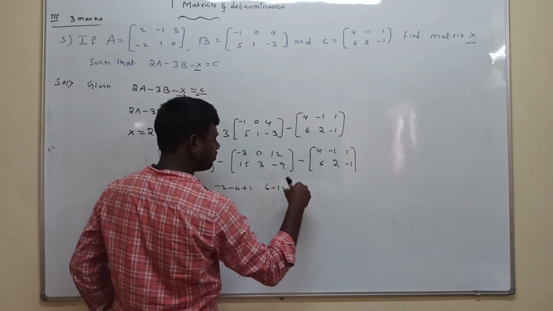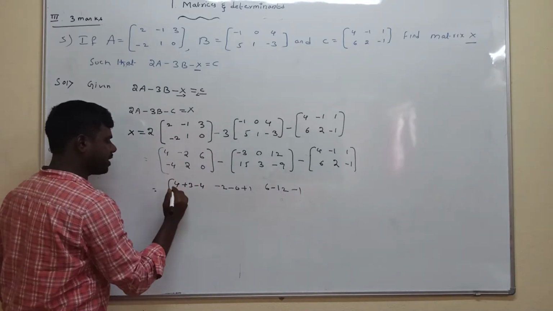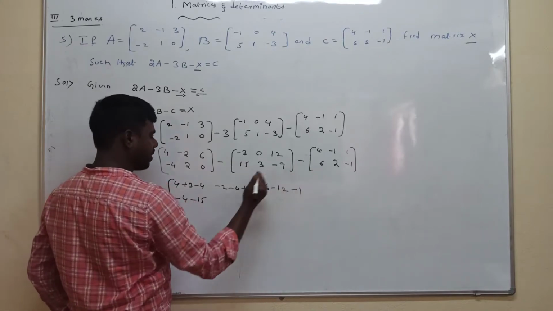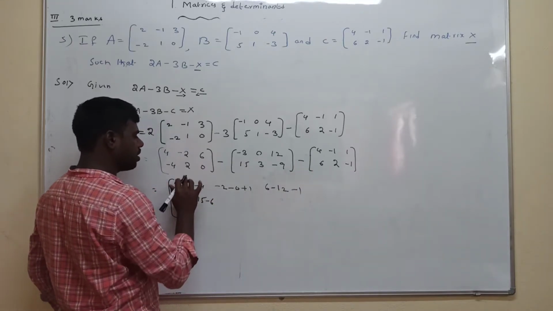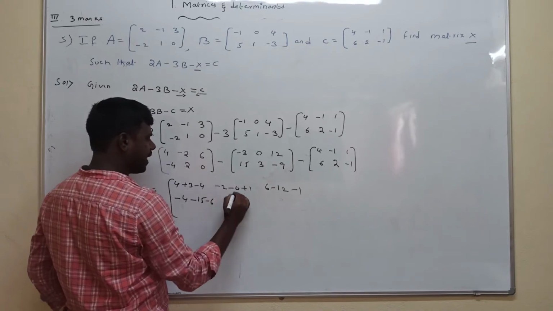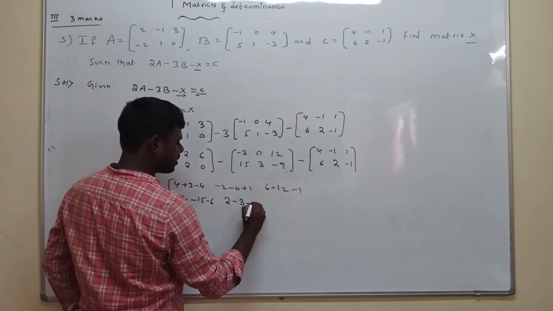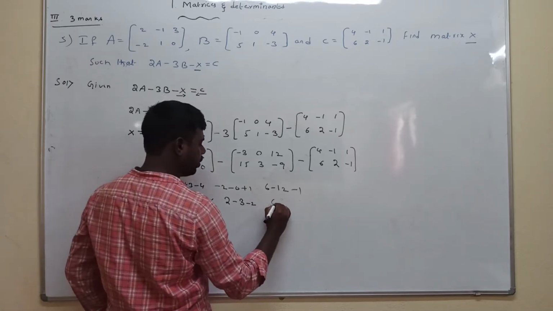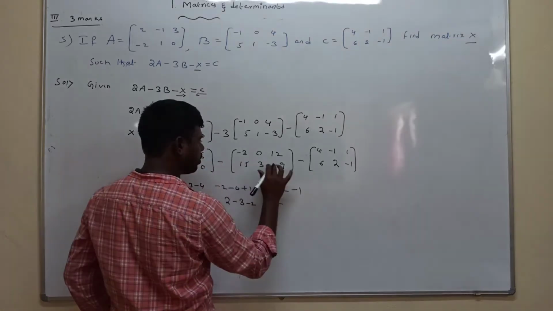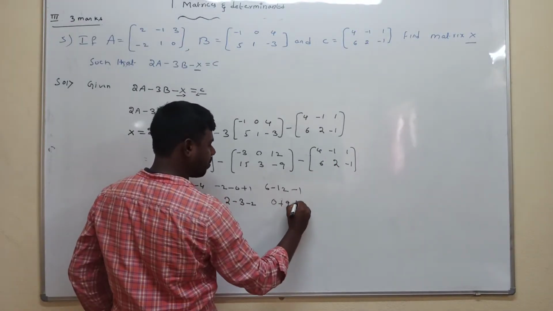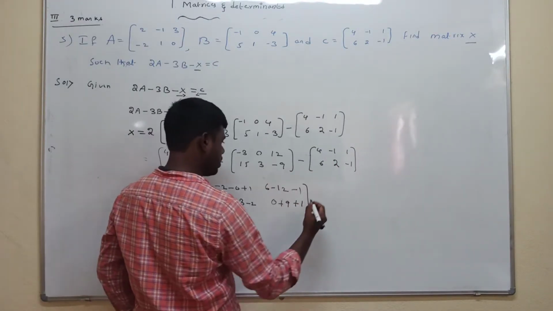Next, second row first element: minus 4, here minus 15, here minus 6. Second row, second element: 2 minus 3 minus 2. Second row, third element: 0 minus minus 6, minus 9 is plus 9 negative, minus 1, minus of minus 1 is plus 1.